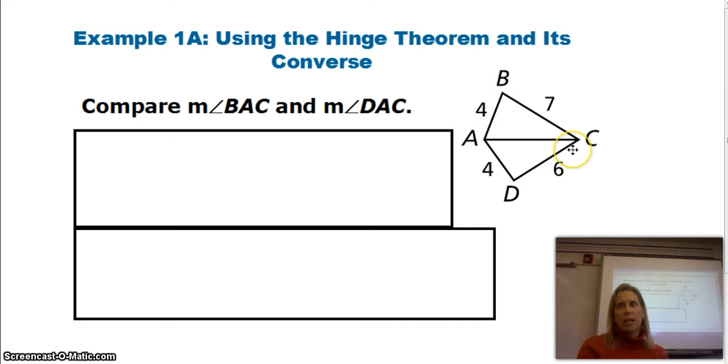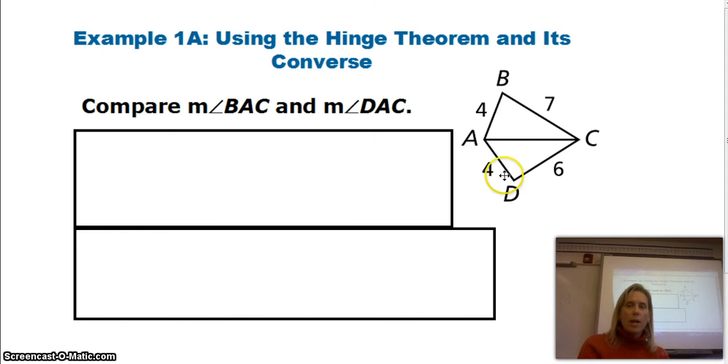Wait, don't BC and DC have to be congruent? BC and DC are not the same length, but why are they of interest to us? Because they are the hinge. They are opposite these angles, aren't they? Yes. And what can we say about the other sides that make up these angles? BAC is made up of a length of 4 and then a length of unknown, but it's a shared side with this other angle, right?